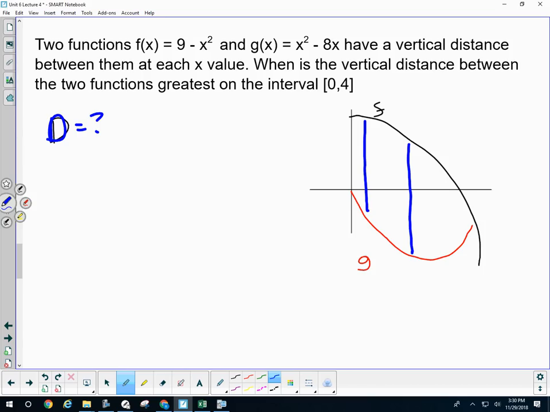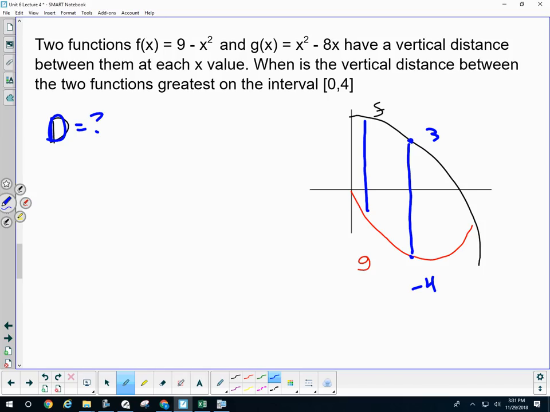The y values, right? So if this was a y value of 3 and this is a y value of negative 4, what's the distance? 7, right? And what do I do to the y values to get that 7? Absolute value of 2 added works, but only for this situation.